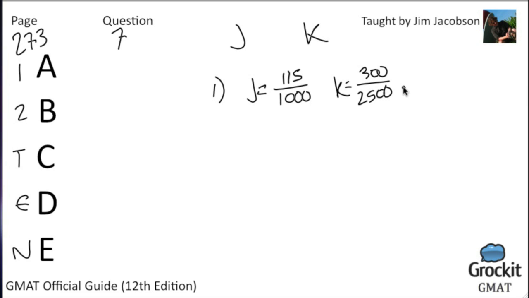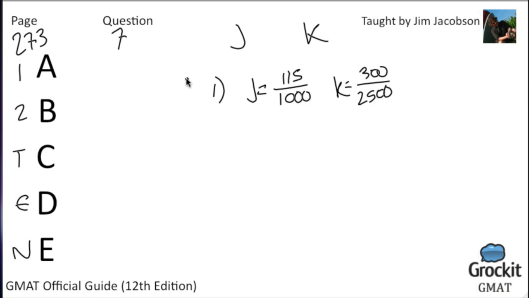We don't have to do any more math, okay? We don't even need to know which one is greater. We just need to know whether we could know which one is greater. Each of these is reducible to a fraction or a percent in the same terms. It's reducible to a decimal. And whichever one ends up being greater, or if they're equal, we would have our answer. And there would only be one answer.